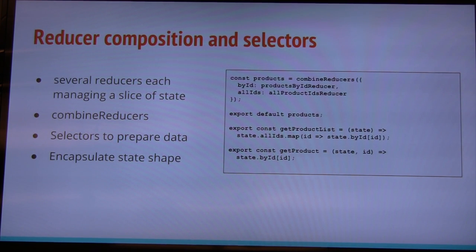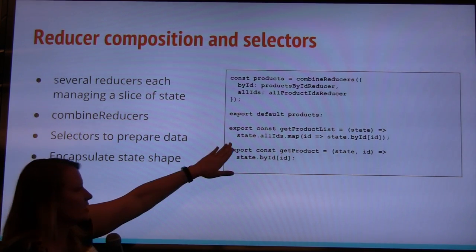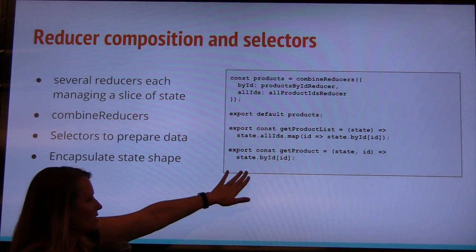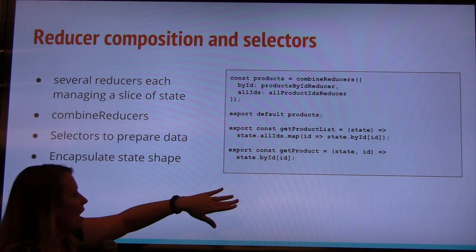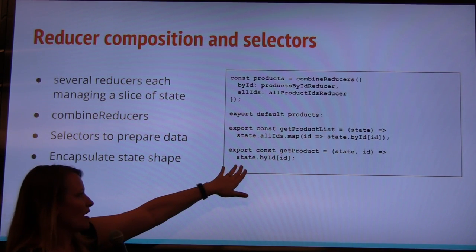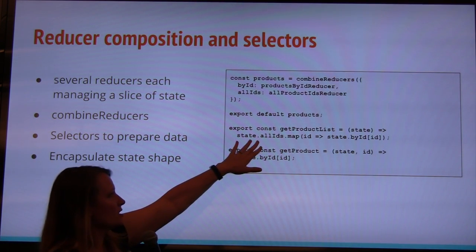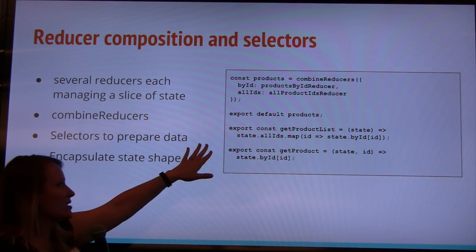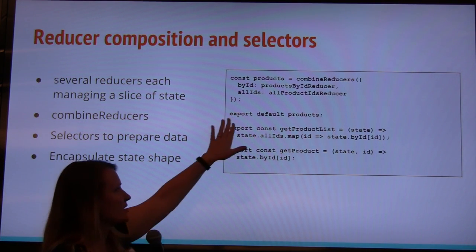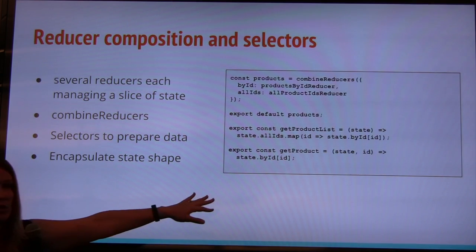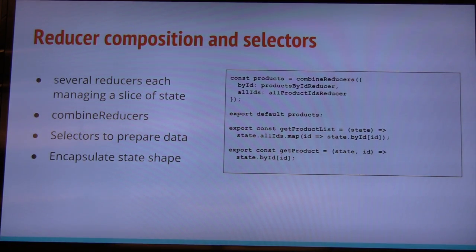So here we have an allIds reducer and a byId reducer. The byId reducer is a way for us to conveniently access each item by its ID. And then the allIds reducer allows us to transform all of our objects into an array in the way that the UI is expecting to receive it.